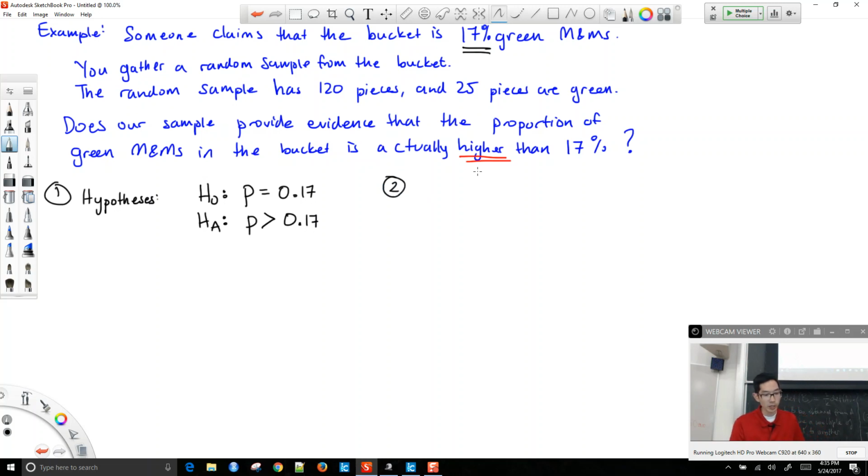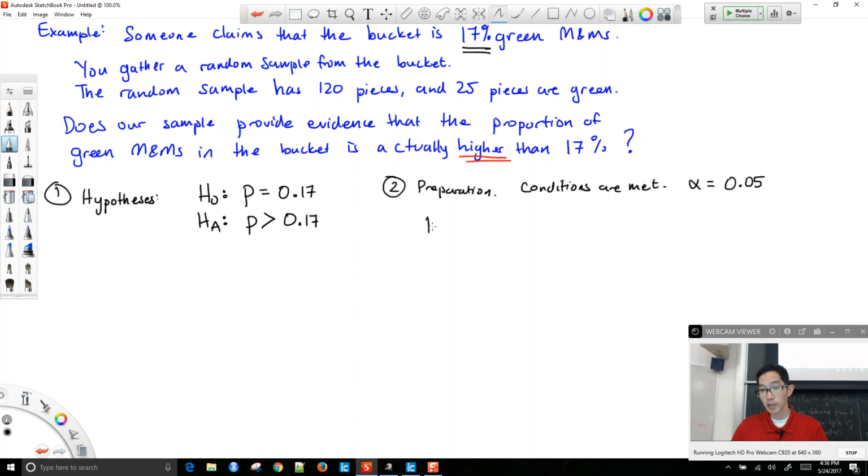The next part is we do our preparation. I'll just go ahead and say conditions are met. Alpha is not specified, so what is the alpha that we're going to use? 5%, that will be the alpha that we use.